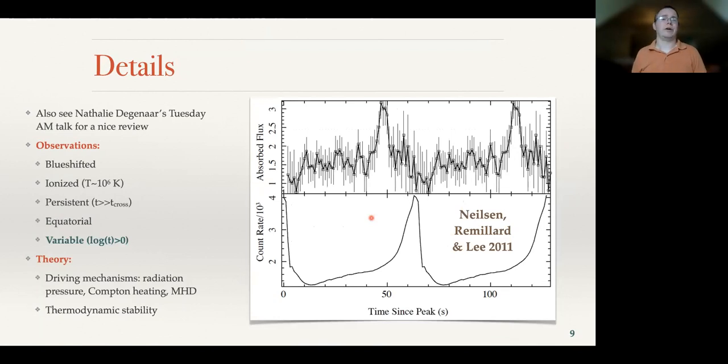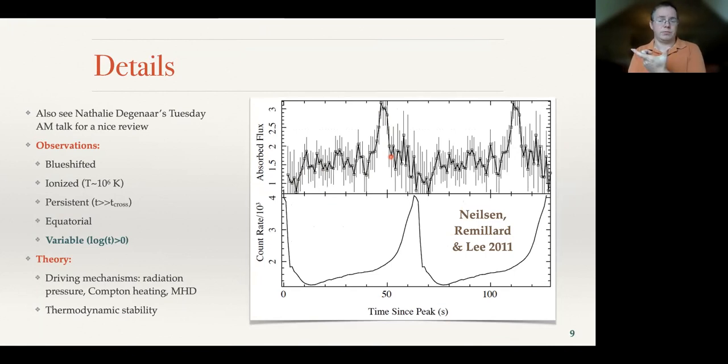We also know that they're variable. This is a plot of the absorbed flux as a function of time during a limit cycle oscillation in GRS 1915. And if you look at the time scale, it's clear that we're seeing variability in disk winds on time scales as short as seconds, a few seconds in this particular system, which we all know is a bit on the pathological side.